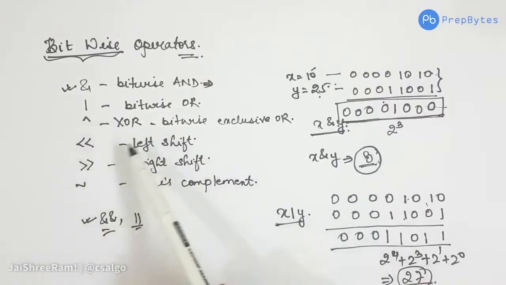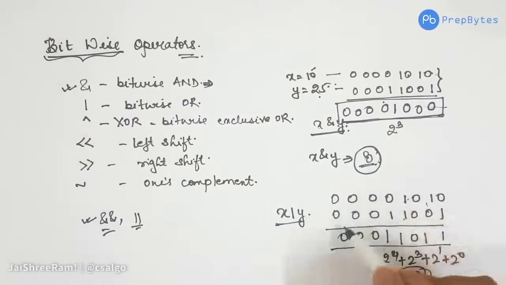Now in the case of XOR, if exactly one of the bits is 1, then the resultant bit is 1. If both the bits are 0, then the resultant bit is 0, and if both the bits are 1, then the resultant bit is 0 as well.